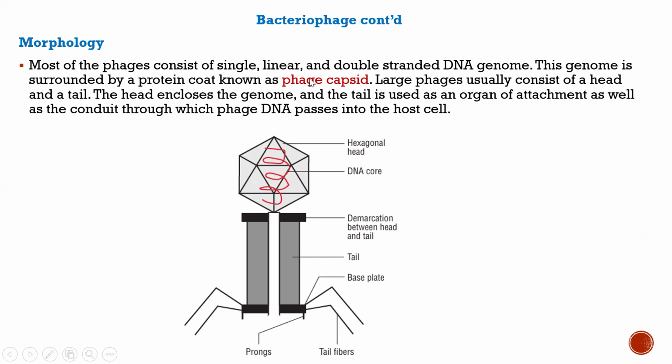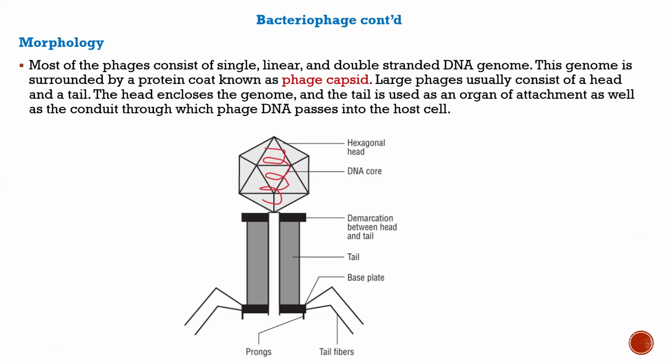Okay, so this phage also contains what we call a phage capsid. So large phages usually consist of a head and a tail. The head encloses the genome, that's the genetic material. And then the tail is used as an organ of attachment as well as the conduit, that's like a passage through which the phage DNA passes into the host cell.